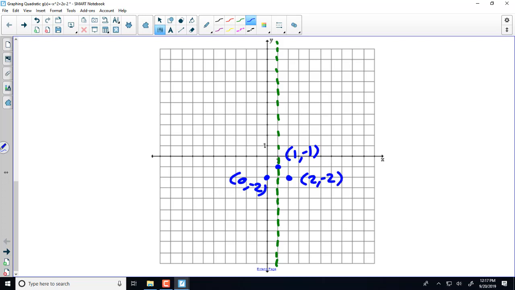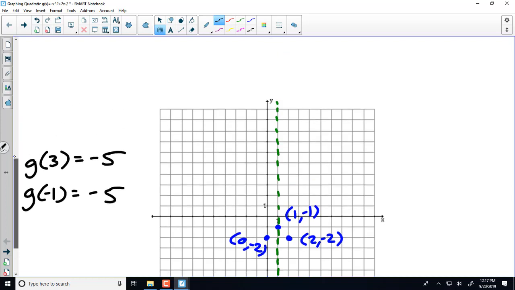Well, we probably could draw a sketch just using this, but let's give ourselves a little bit more information. So let's go a little bit farther away from our axis of symmetry and our vertex and plug both a 3 and a -1 into our original function. So if you plug a 3 and a -1 into the original function and crunch out an answer, both of these actually end up being -5.